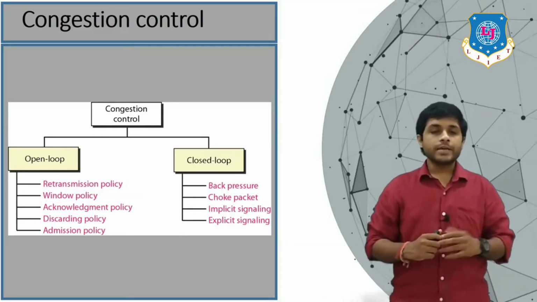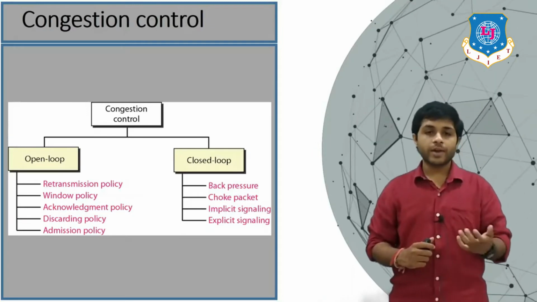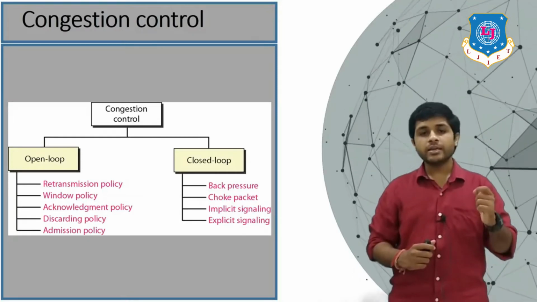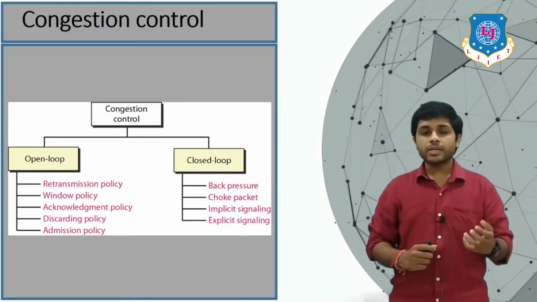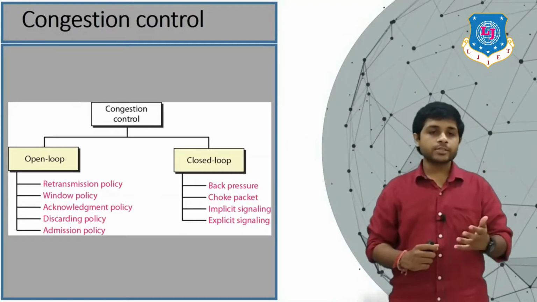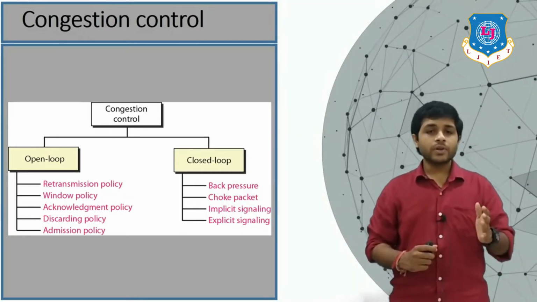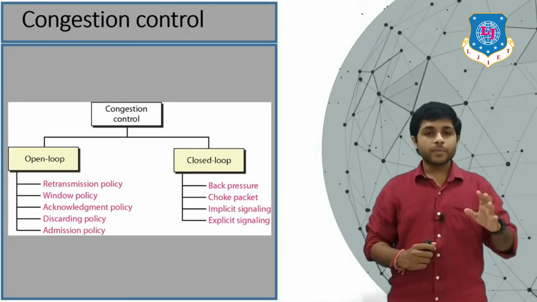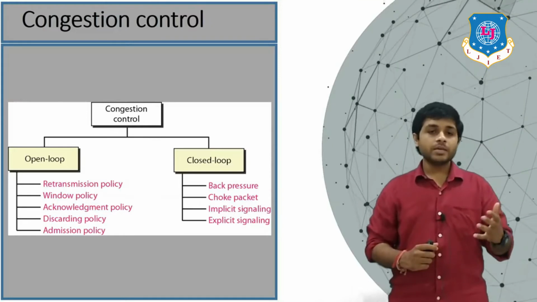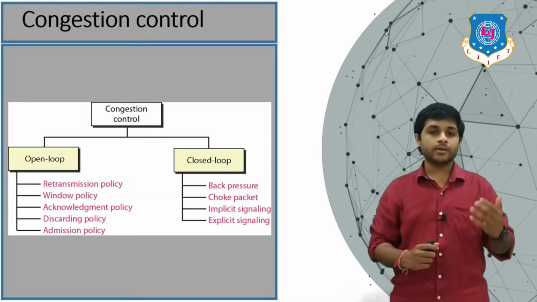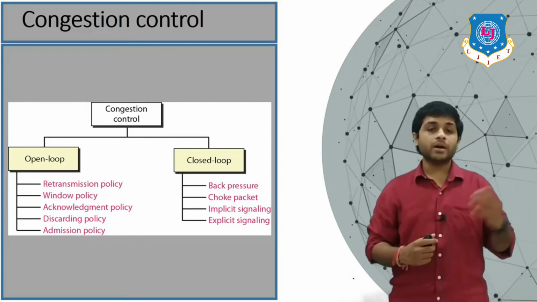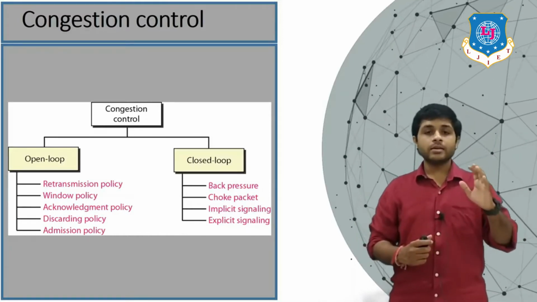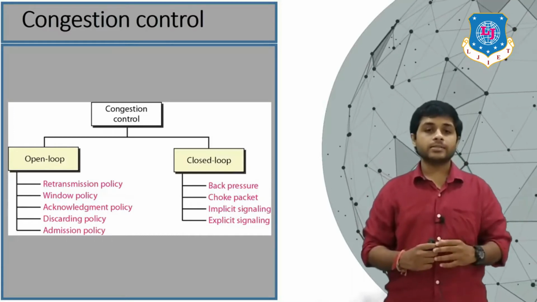For example, if you are making an audio call with your friend and some packets in the audio transmission are very less sensitive, if those packets are discarded, that will not affect the quality of the audio so much. So if those packets are discarded, there will be less congestion in the network and more packets can be delivered. So the discarding policy tells that we can discard some less sensitive packets.